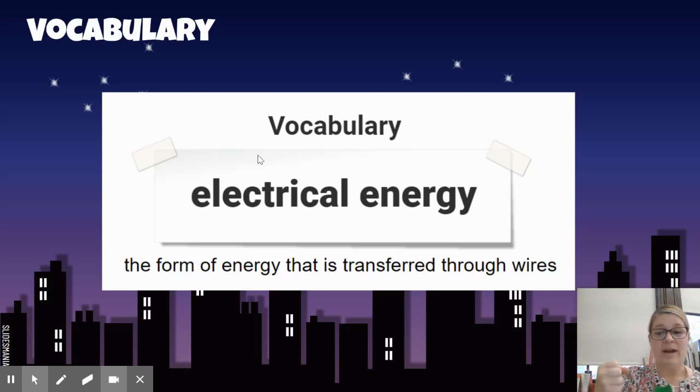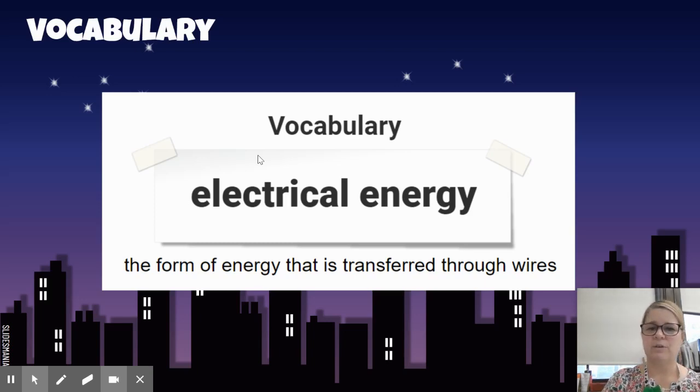When I'm blow drying my hair in the morning, I have it plugged in. It's transferring that energy through the wire to my hair dryer, and hot air is coming out. So electrical energy is the form of energy that is transferred through wires. That's a way to make it different than any other type of energy.